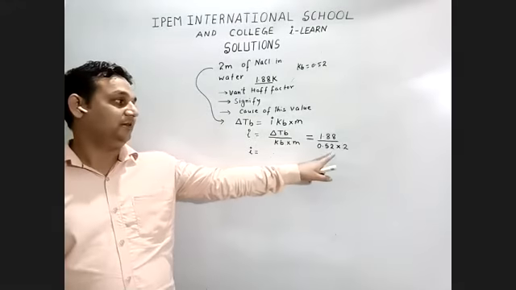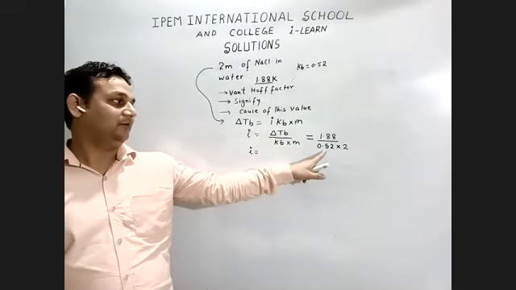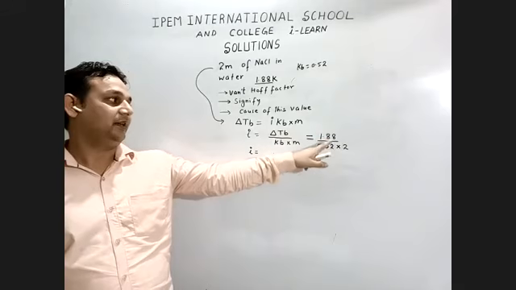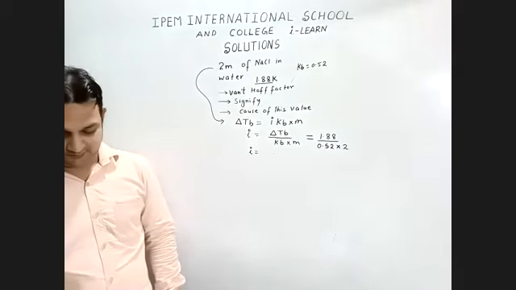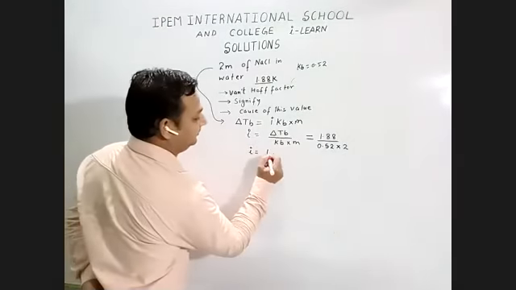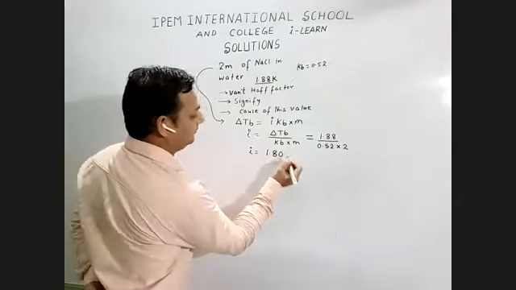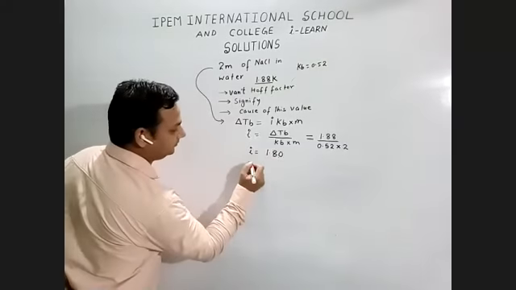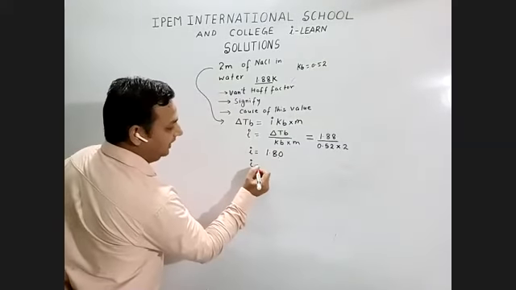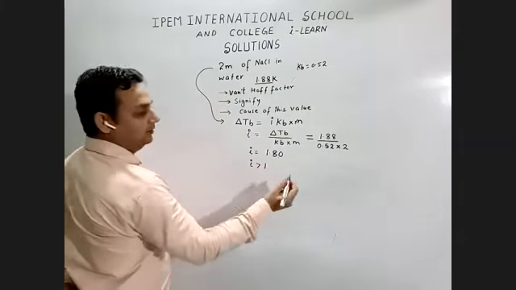Just 1.88 upon 0.52 into 2. 0.52 into 2 will become 1.04. 1.88 upon 1.04 is about 1.80. Here, i is greater than 1.